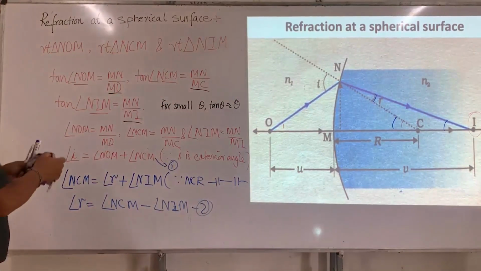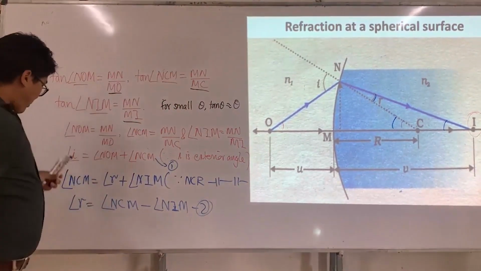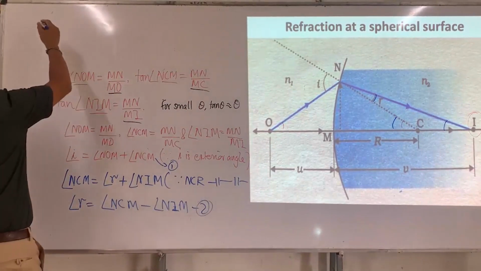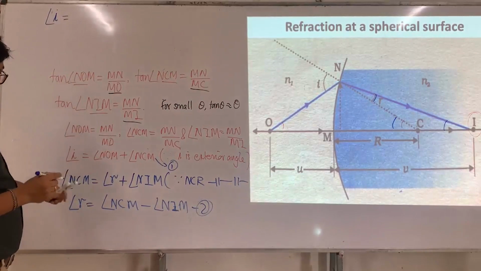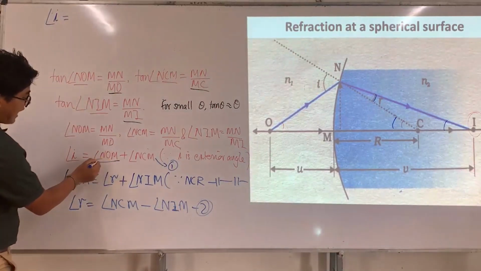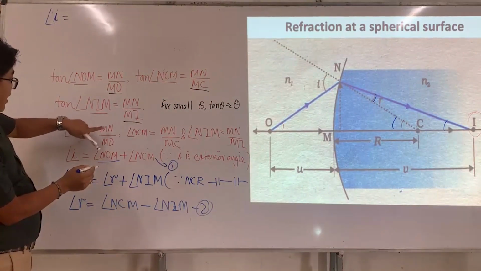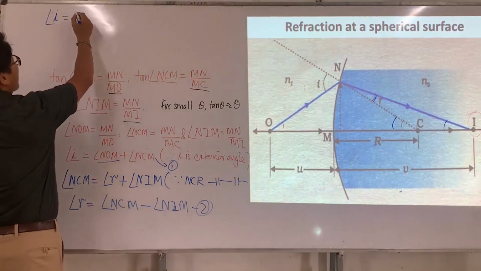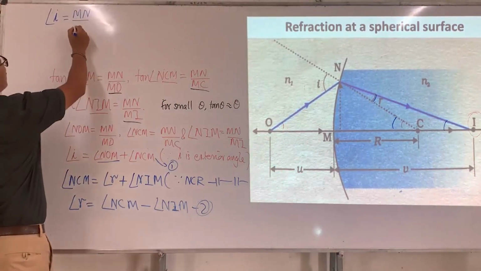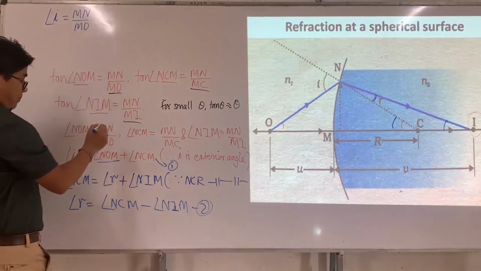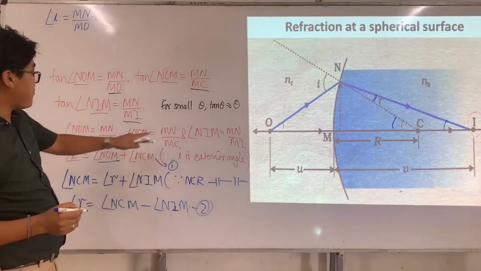Now what is I and what is R? So how much is I? So I is equal to, what is NOM? NOM is equal to MN divided by MO, plus, how much is NCM?